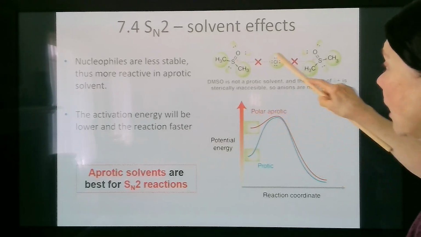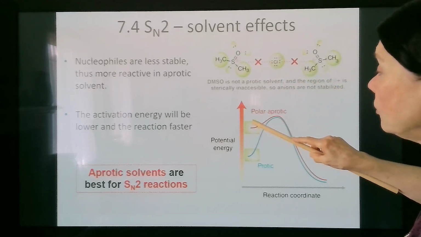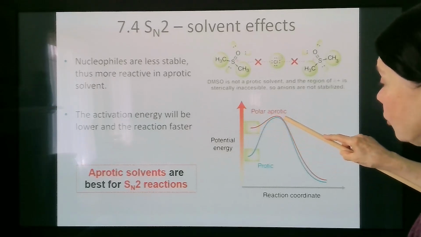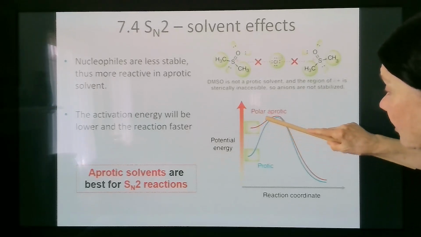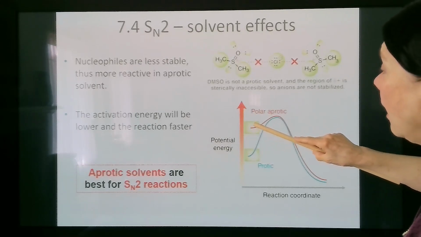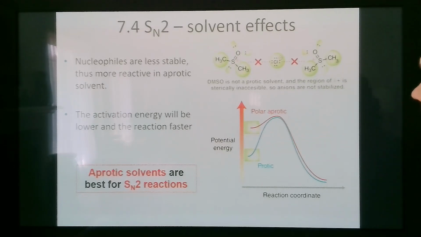If you have a polar aprotic solvent like this, the anion is not stabilized, so it starts out higher in energy, so the energy barrier is lower. The energy of activation is lower if you start out with the anion not stabilized.